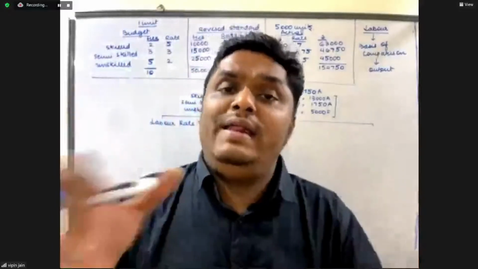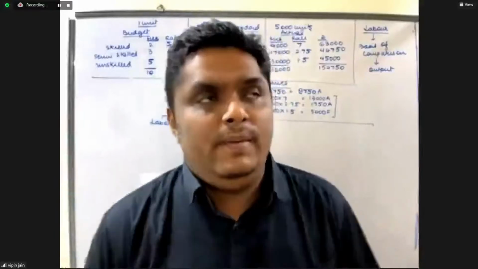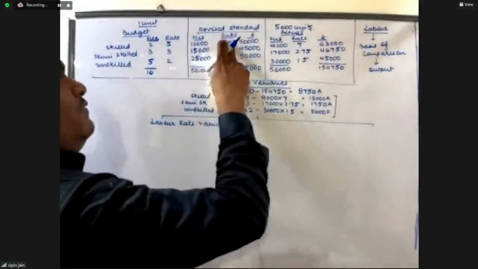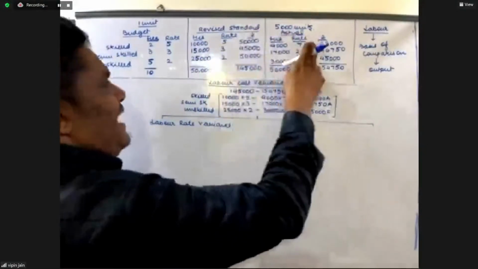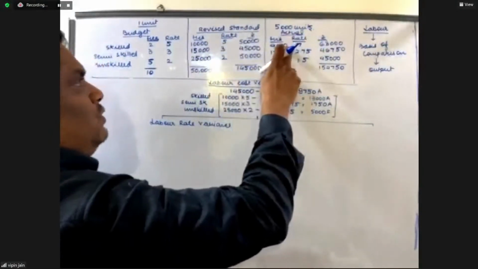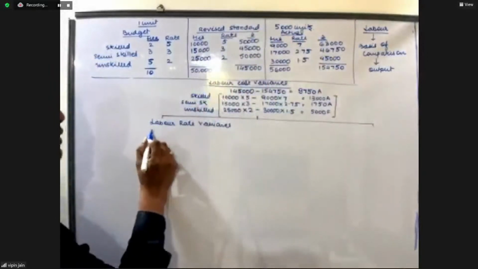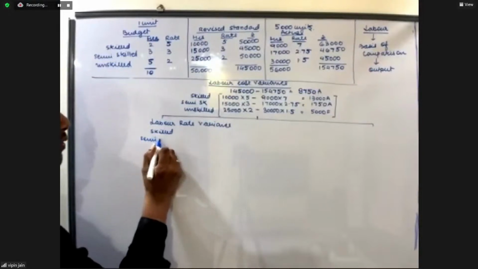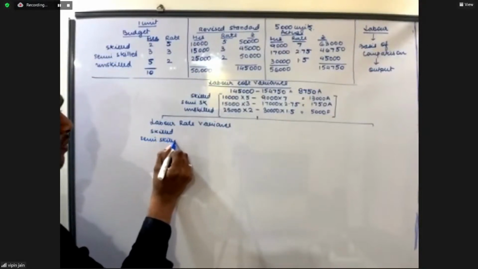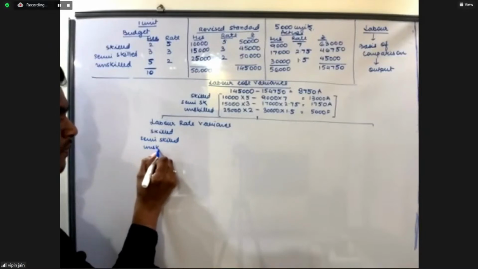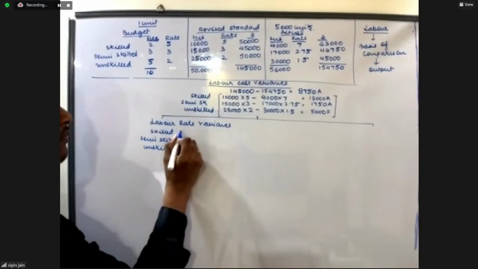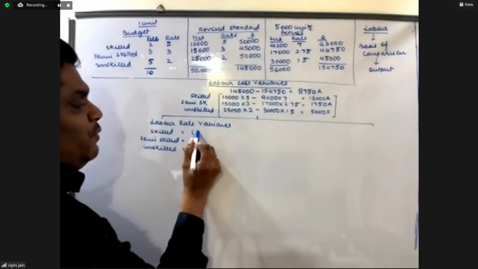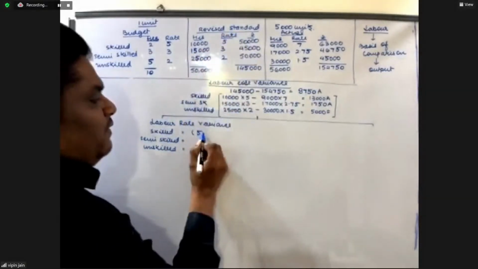Only the name has changed, rest all the concepts are same in case of labor. So when talking about material price variance, we were supposed to pay 5 rupees, but we actually paid 7 rupees into actual quantity. So again, we'll apply the same concept. That is, we were supposed to pay the wages at the rate 5.